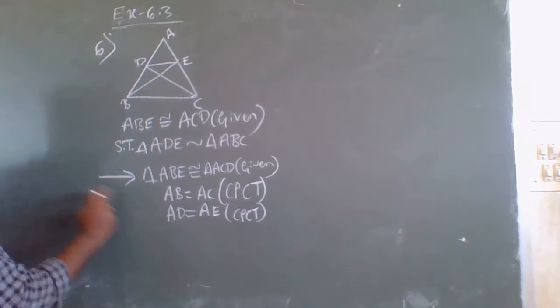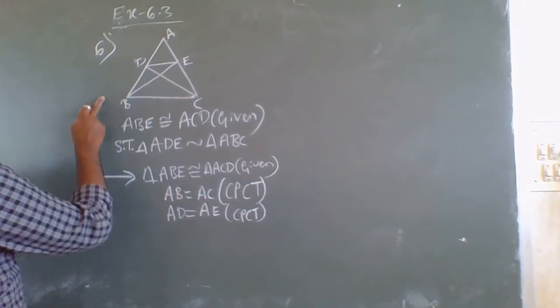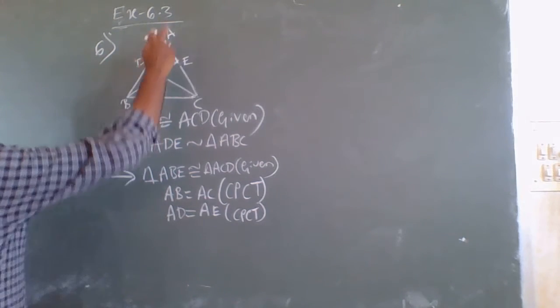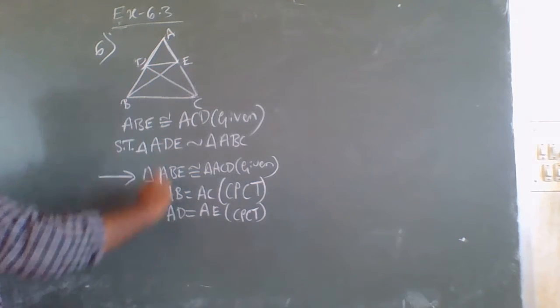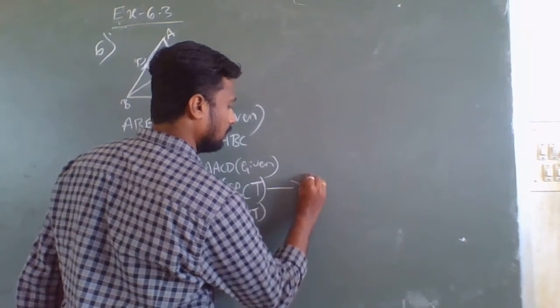In triangles ABE and ACD, AE is equal to AD. These two sides are corresponding parts of congruent triangles. Therefore, AD is equal to AE. Now I will consider this as equation 1 and this as equation 2.